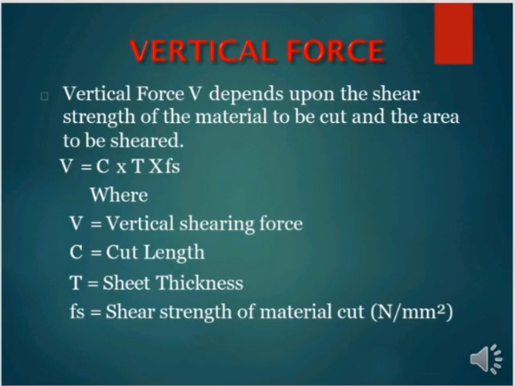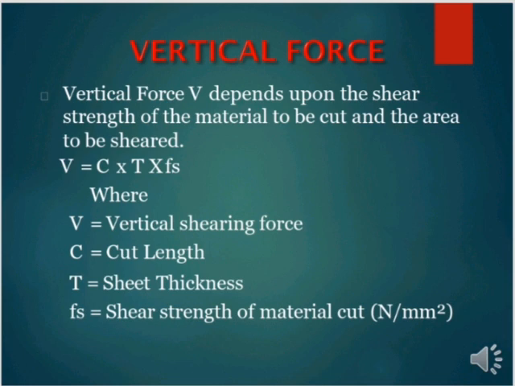Vertical force. Vertical force V depends upon the shear strength of the material to be cut and the area to be sheared. Shear strength is the strength of a material against structural failure.